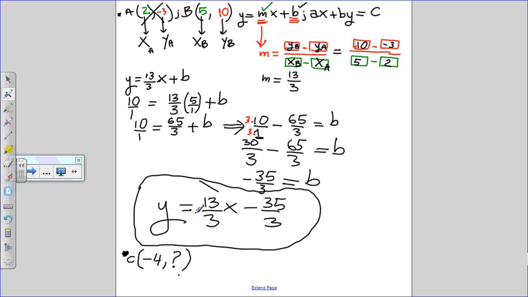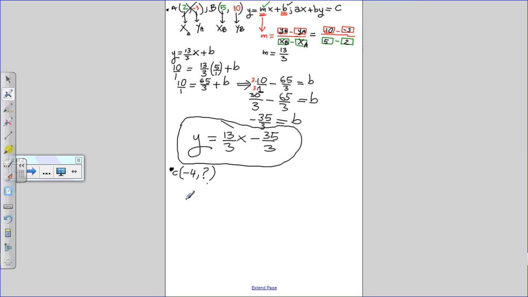What we can do now is, this is one part of this exercise. The second one is, if I define a point C with an x of negative 4, what must y be in order for this point to satisfy the equation 13 thirds of x minus 35 thirds?